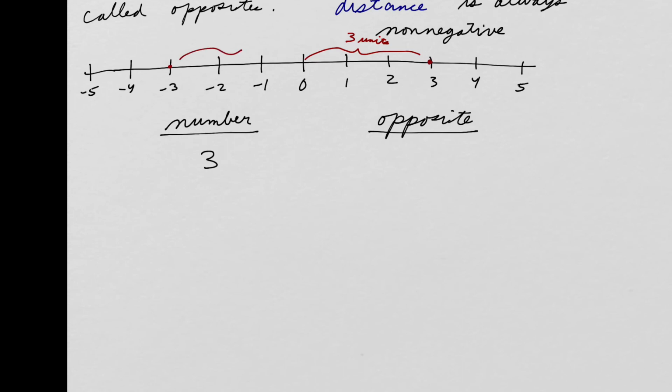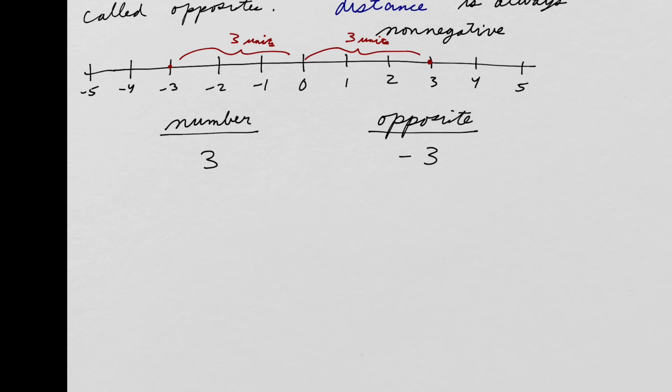This is also 3 units. So the distance here, we don't care about negatives in terms of the distance. The distance is just 3 units. So the opposite of +3 is going to be -3, because it's the same distance from 0 on the other side of 0, on a real number line.